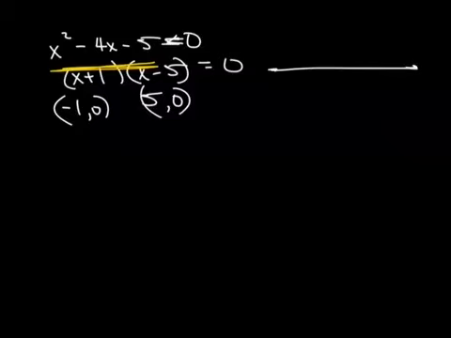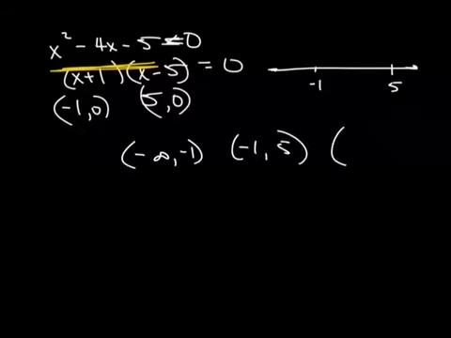So there's our number line. We are at negative 1, and we are at 5. Alright, so our intervals are negative infinity to negative 1, and then negative 1 to 5, and then 5 to infinity.